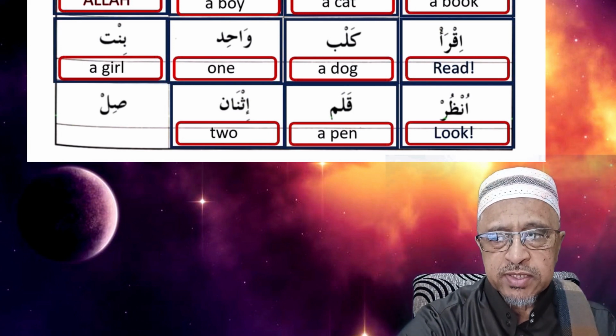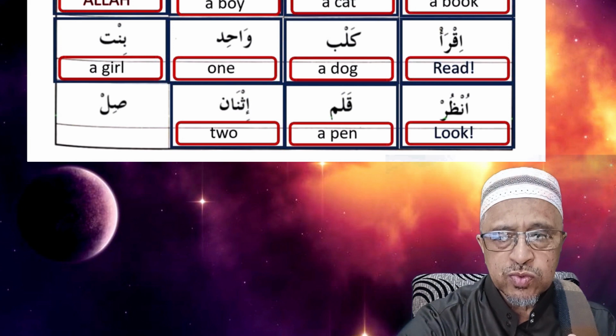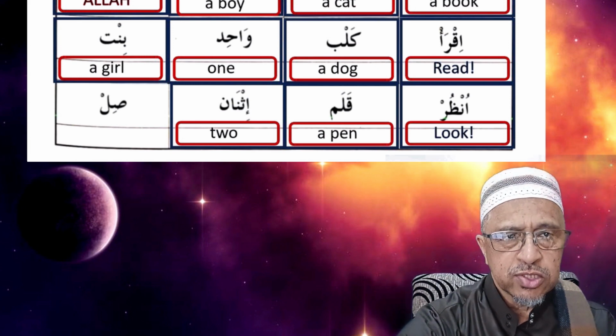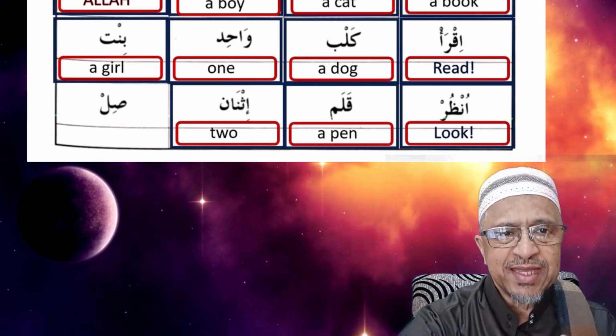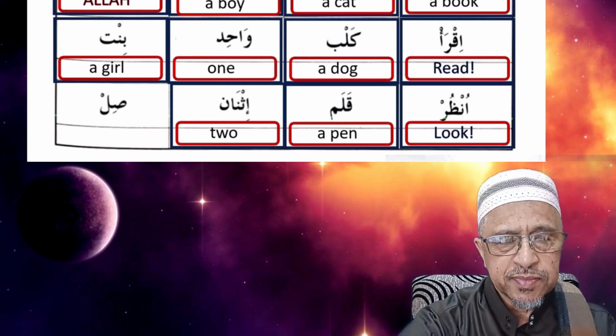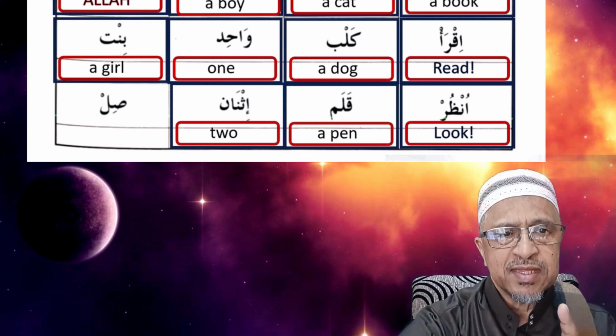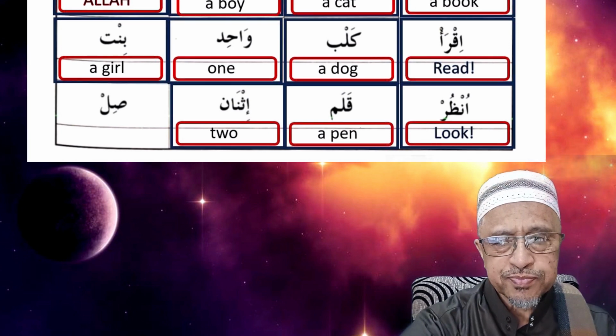And here we can see even in the word two, it has the an ending. And that nun will get a kasra. So we'll say ithnani or ithnayni. It won't get a dhamma or a fatha. Remember that when we talk about dual again in future.